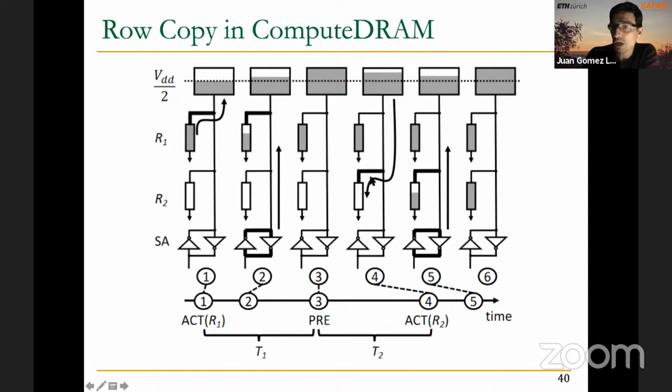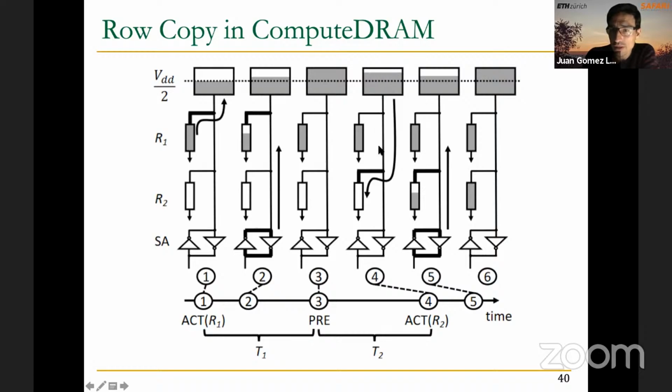And at that point, we can activate another row. Notice that if we reduce these latencies for this second activation, the activation of R2 in this step 4, we will be at a point where the voltage of the bit line is still over half VDD, as it's represented by this figure here.